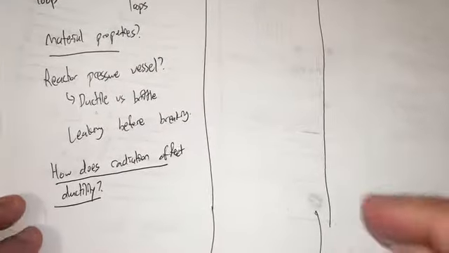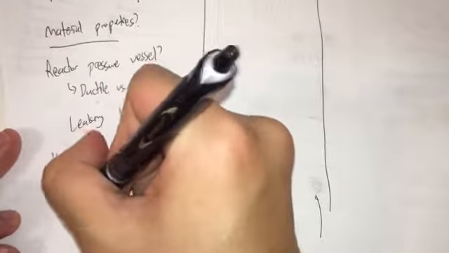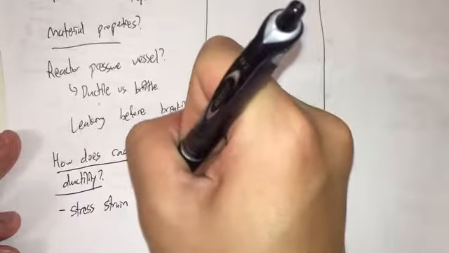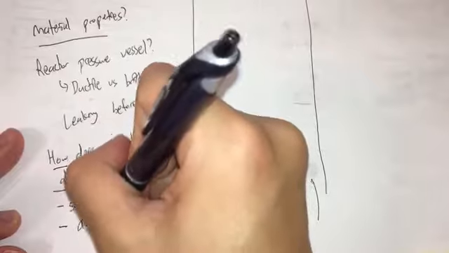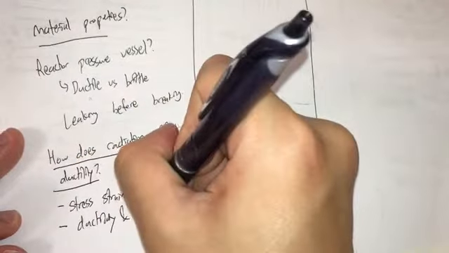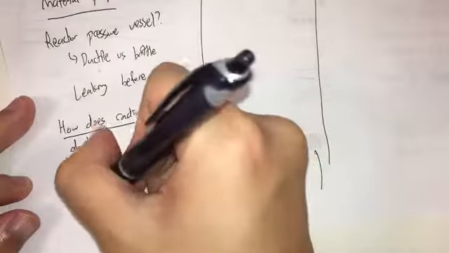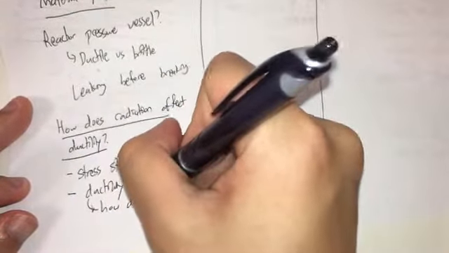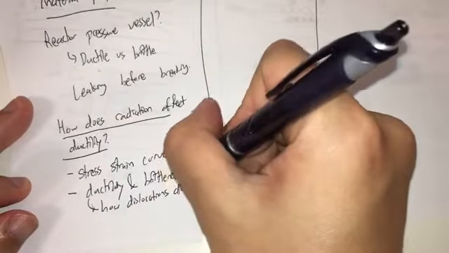And some of the helpful links will be in the description below. Stress strain curves, we need to know ductility and brittleness and how dislocations cause them or affect them.